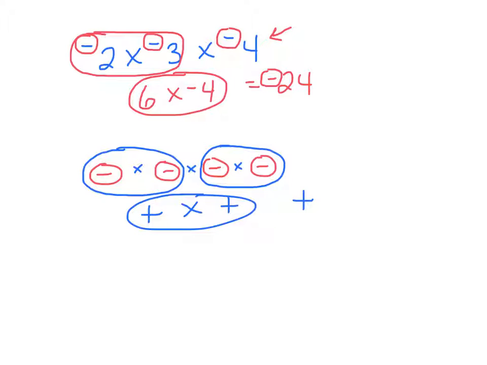So it is important to realize that it depends upon how many numbers you are multiplying, if they all happen to be negative, whether or not your final answer would be a negative or a positive. If you have an odd number of numbers that you are multiplying, and they are all negative, for instance, in this particular case, you're going to end up with a negative number. If you have an even number of negative numbers that you are multiplying, then you are going to end up with a positive number.